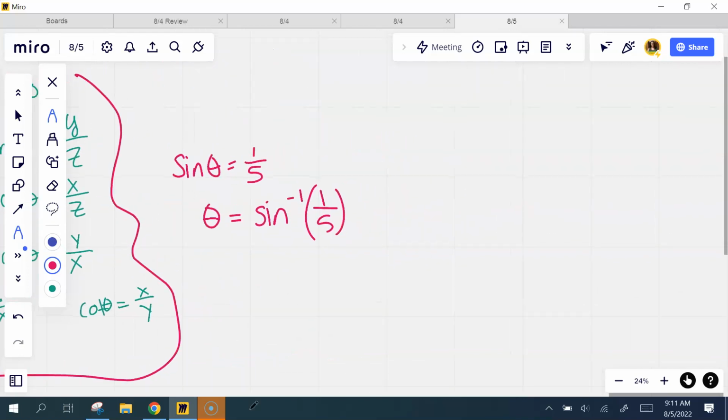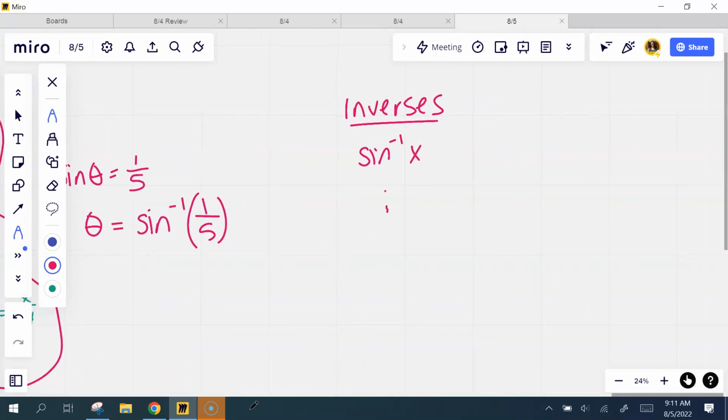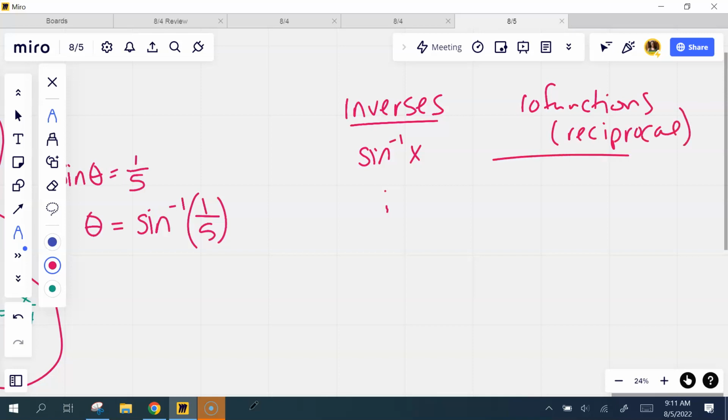Yes, if I told you sine theta of 1/5, right. So we have inverses, and then we have the cofunctions, which are reciprocal functions. And I'm glad you say that because they're very different, and you do start to get them confused for sure.